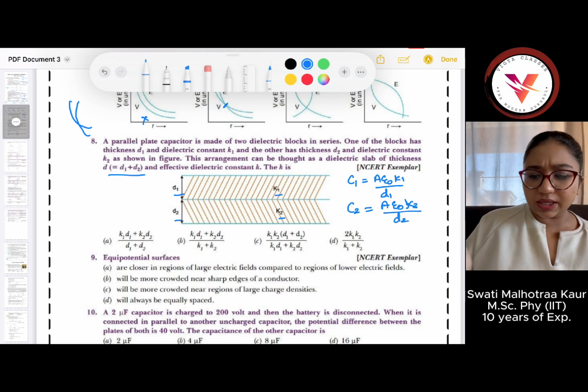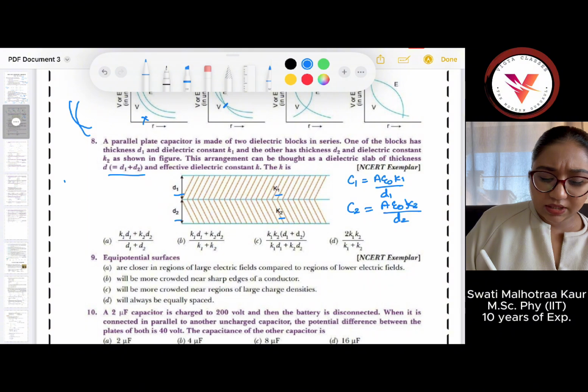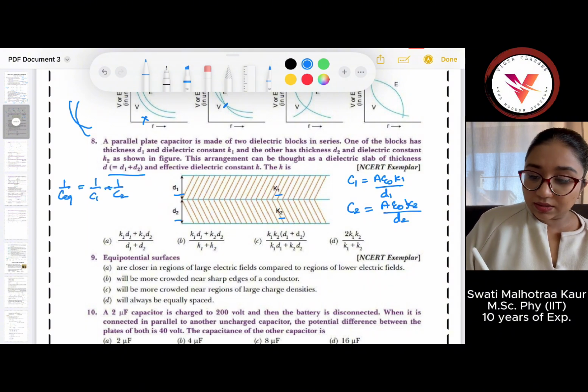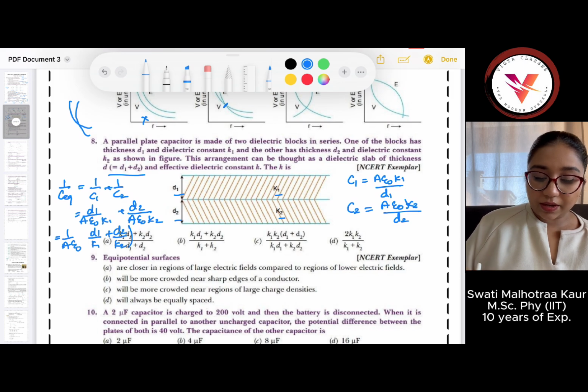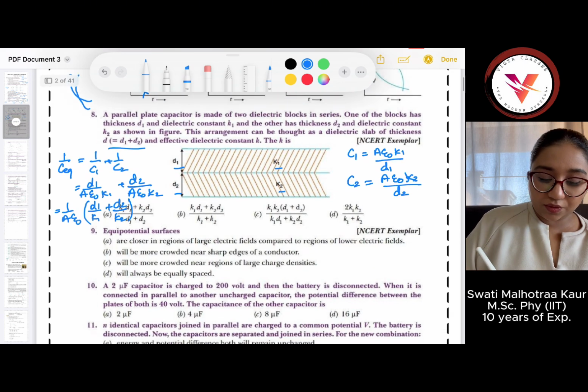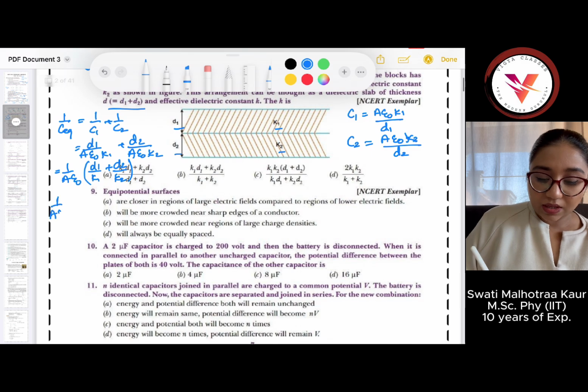Okay, simply calculate C equivalent, which is 1 by C equivalent equals 1 by C1 plus 1 by C2, and this becomes D1 over A epsilon naught kappa 1 plus D2 over A epsilon naught kappa 2. You can take 1 by A epsilon naught out, and this becomes D1 by kappa 1 plus D2 by kappa 2. Okay, and if you take the LCM, then this becomes kappa 1 kappa 2.